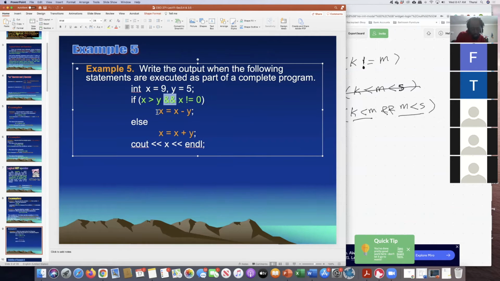So x equal to x minus y will be done. So x will be changing to 4. The else part will not execute. Else part will execute only if this combined condition is false, but it is true. So therefore, the output will be 4.